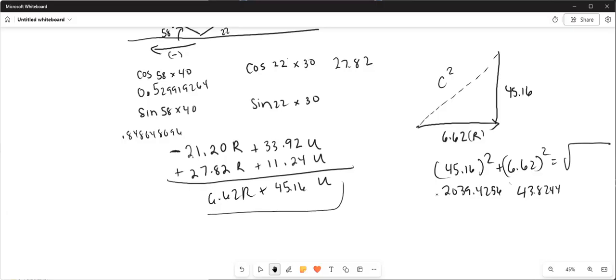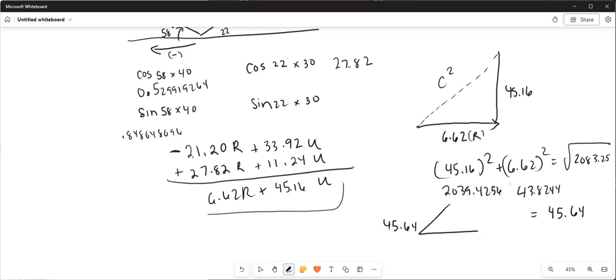We add those together. 2083.25. That's what I got too. Excellent. And then take the square root of that, which is 45.64. Yes. So that's the distance, 45.64.